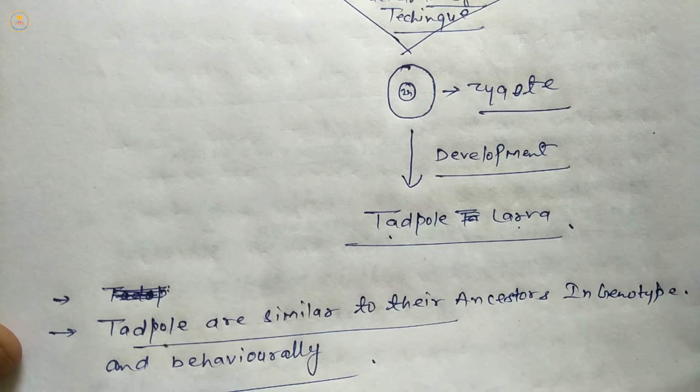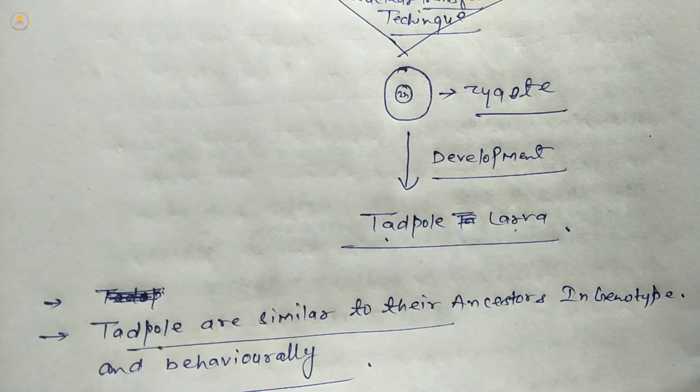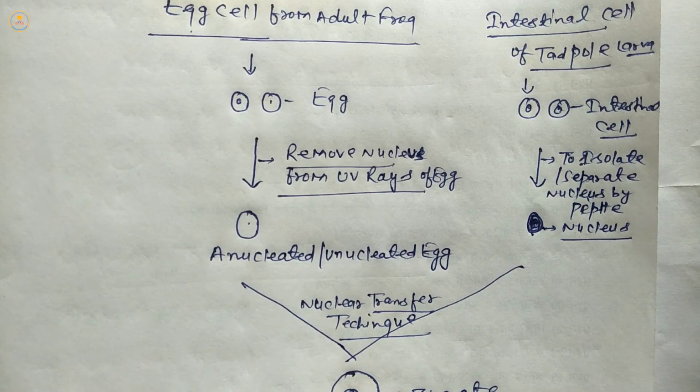So J.B. Gordon for the first time formed tadpole larva by the nuclear transfer technique. Once again, J.B. Gordon took two types of cells.